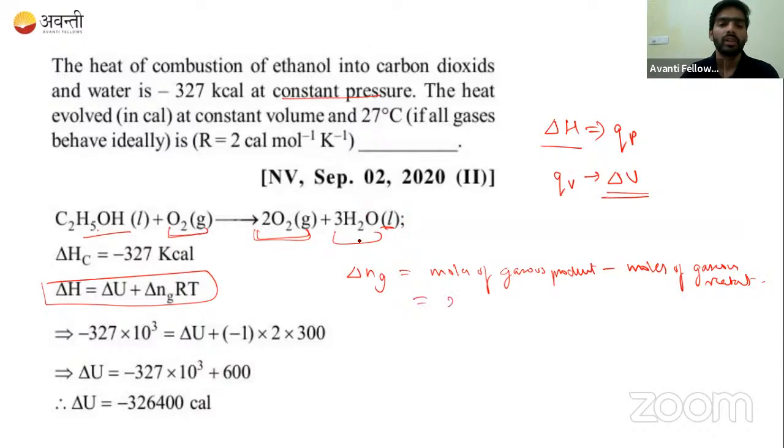Remember that we don't consider liquid, solid or aqueous phases; we only consider the gas. So delta H is minus 327 times 10 to the power 3, because it is given in kilocalorie, and it becomes delta U plus delta Ng RT, with delta Ng being minus 1.